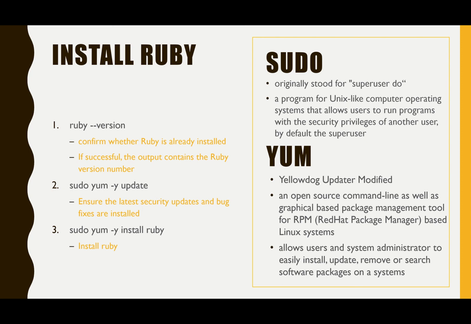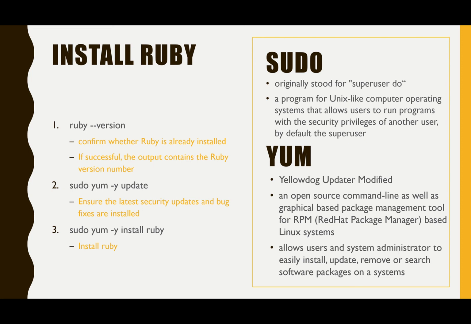So you're tapping into Yum to look for the latest updates and the latest versions of different software. As you can see in step number 2, you're tapping into the security privileges of the super user, sudo, and tapping into Yum to look for the latest security updates.